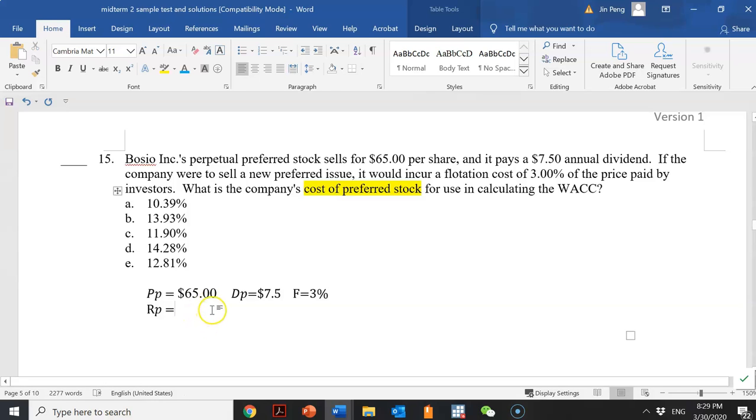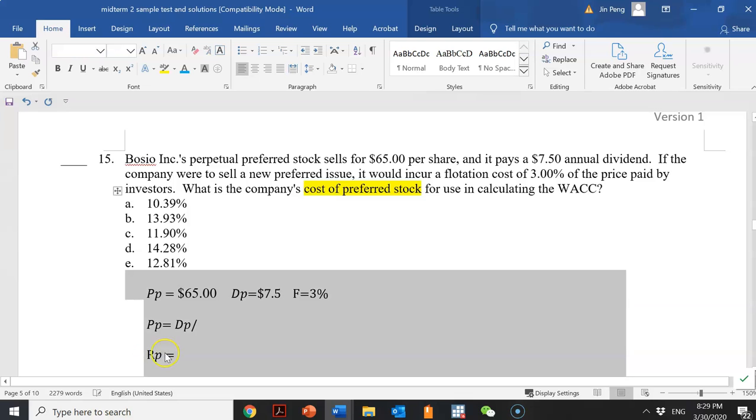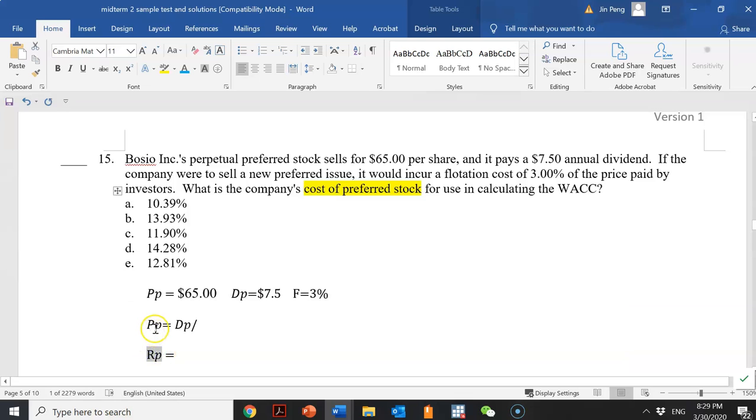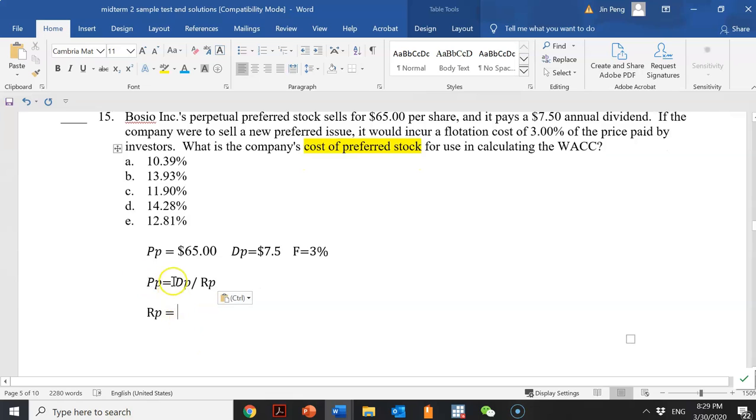Return of the preferred stock equals, okay, remember our original model, because our preferred stock price equals DP over RP, right? The present value of this perpetuity equals the payment, DP over RP. So RP becomes DP over PP for regular preferred stock. But here, preferred stock is a new issue.